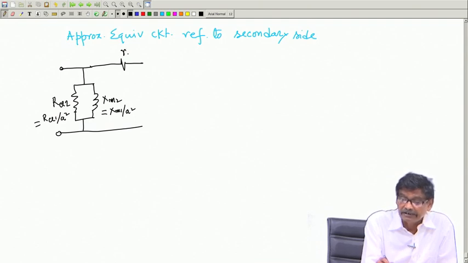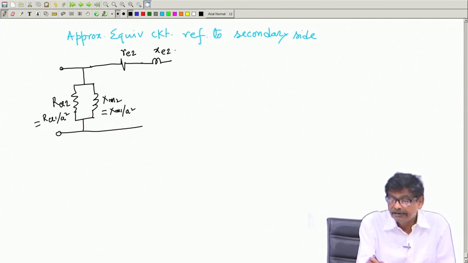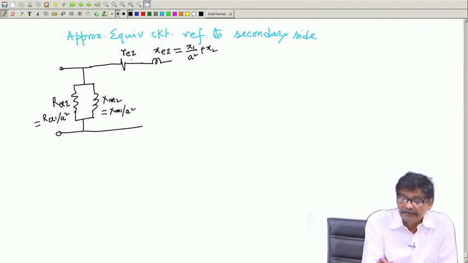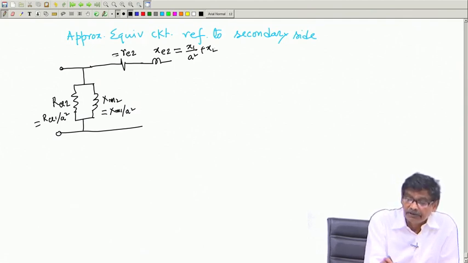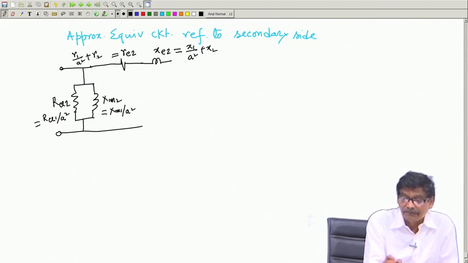I will write here RE2 and XE2, where this XE2 will be equal to X1 by a square plus X2, and this RE2 will be equal to R1 by a square plus R2.